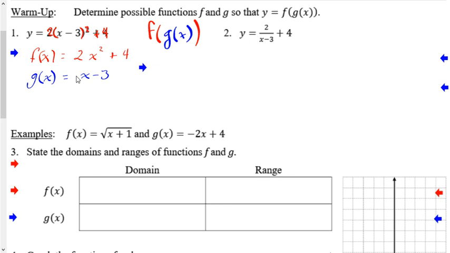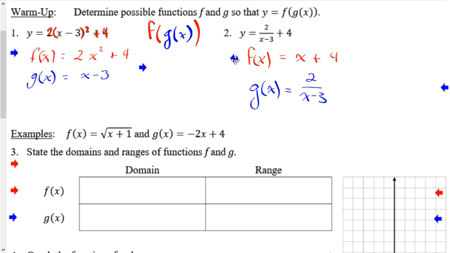So there's a second possible answer for question 1. Again, as I said earlier, there are all kinds of different possible answers. Number 2. Here's one possibility. Again, I chose x plus 4 as my starting function, where my inside function, the 2 over x minus 3, will replace this x in the f of x function.